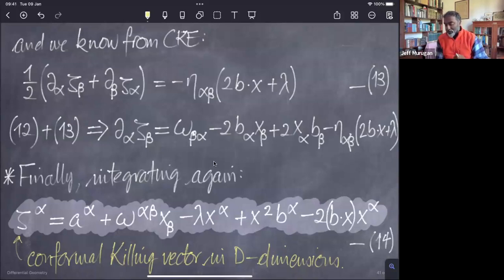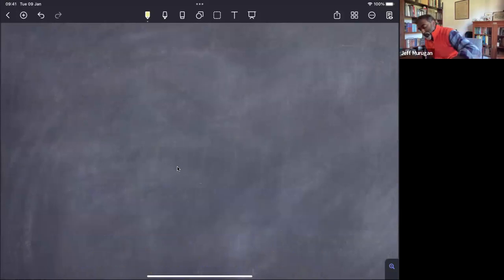Okay, so now we have the conformal Killing vector in d dimensions. The question is how many independent parameters are there in this solution? And remember, the number of independent parameters in the solution will tell us about how many generators there are in the conformal group. So let's see.